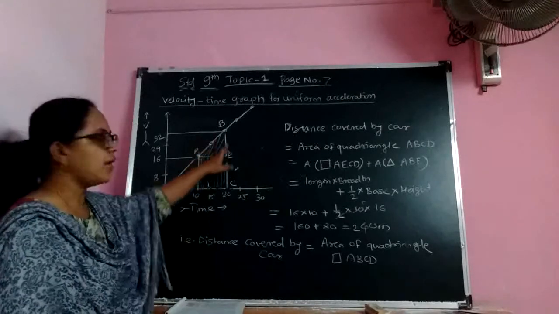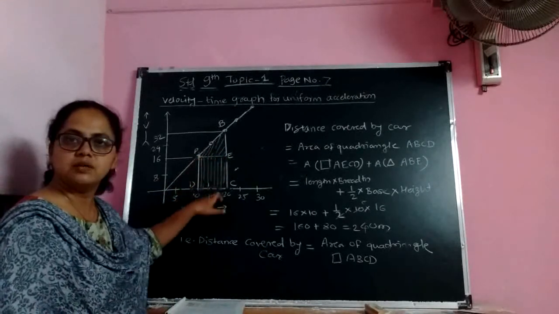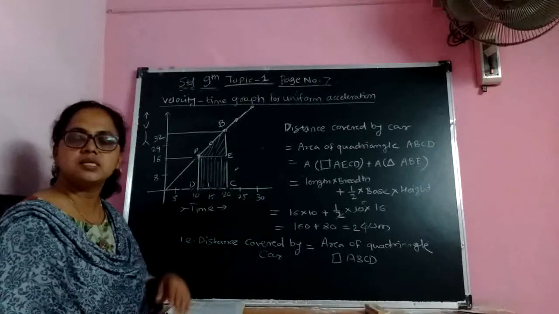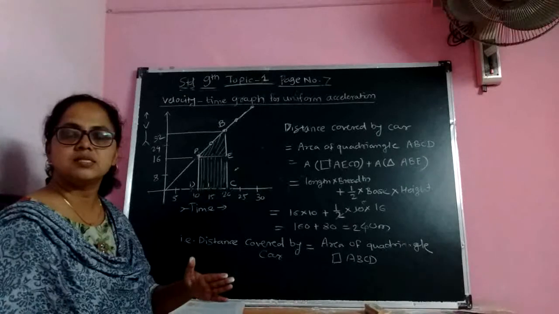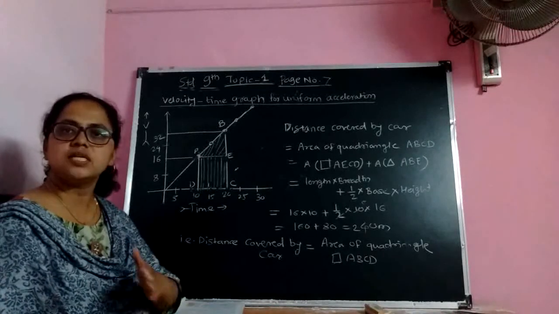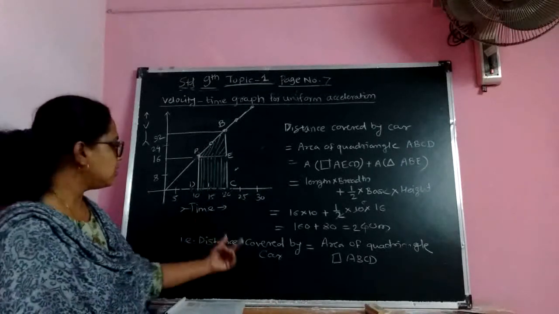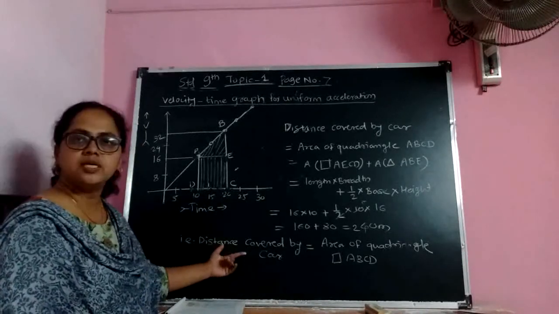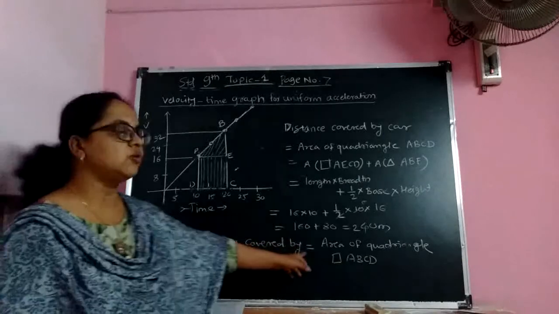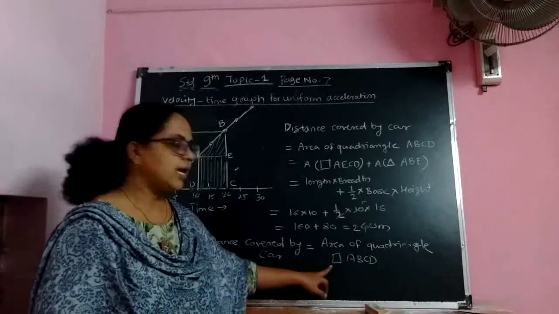So if you find out the area of this figure, and directly find out the distance covered by the car between the 10th and 20th second using the formula distance is equal to velocity into time, then both answers are the same. So you have to write a conclusion: distance covered by the car is equal to the area of quadrangle ABCD.